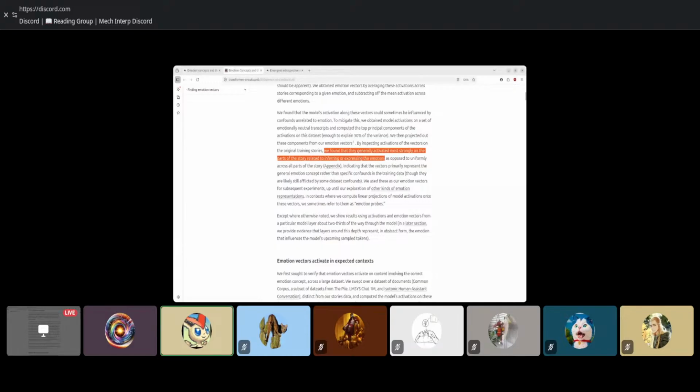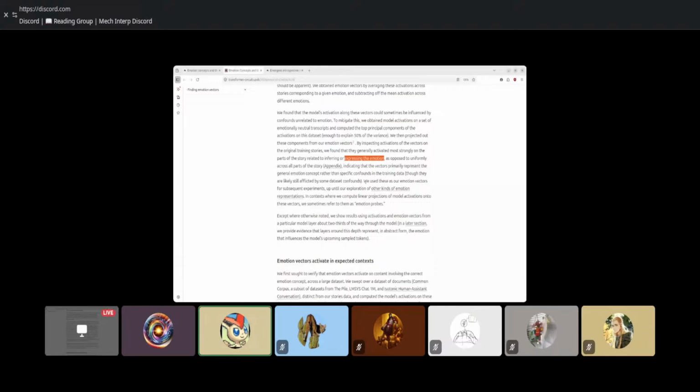Conferring on expressing the emotion. Yeah, this is the thing. I don't think it's just expressing the emotion. It seems like there might be different activations for expressing an emotion versus, in some sense, feeling an emotion.